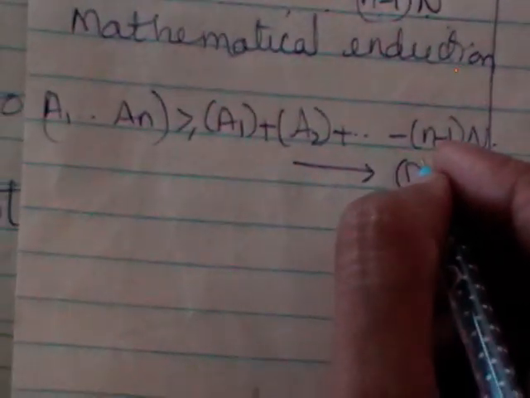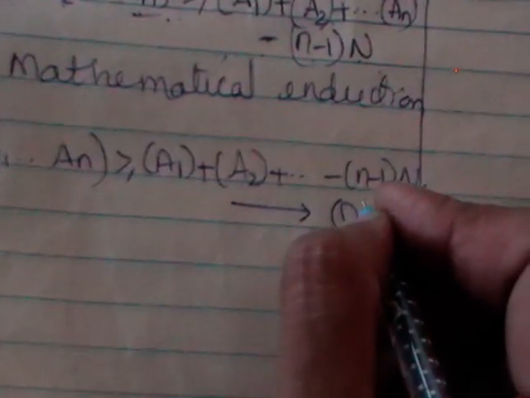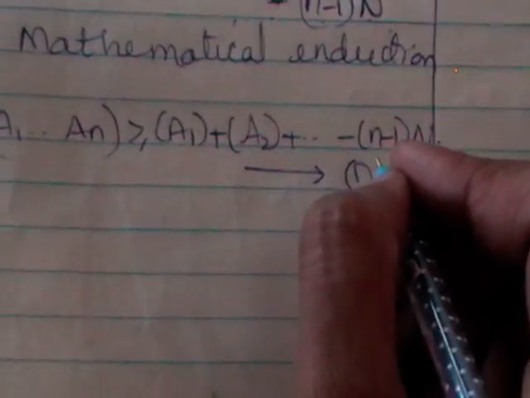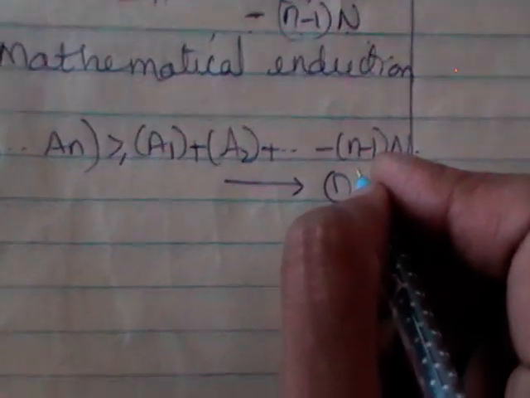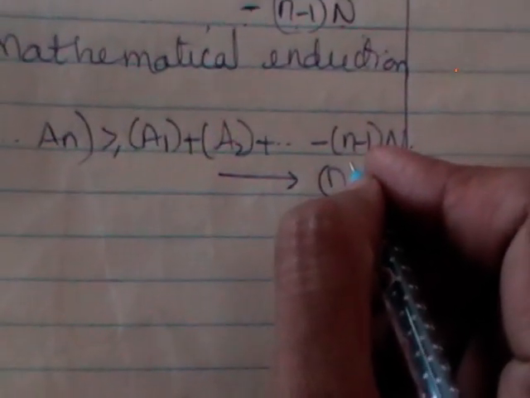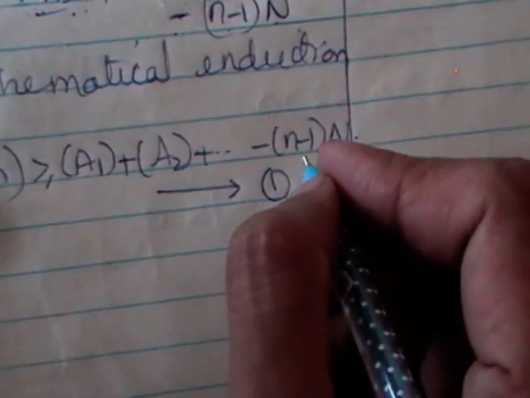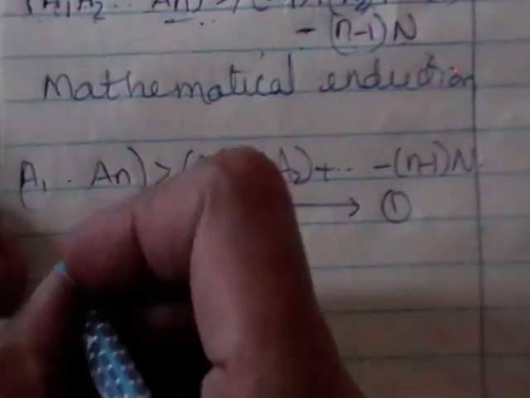To prove by mathematical induction, the basic steps we consider are: the given statement is considered as equation number 1. We prove that it is true at n is equal to 2, we assume that it is true at n is equal to r, and hence we prove that it is true at n is equal to r plus 1. If we can do that, we can say that the given statement is true for all positive integral values of n. So consider 1.